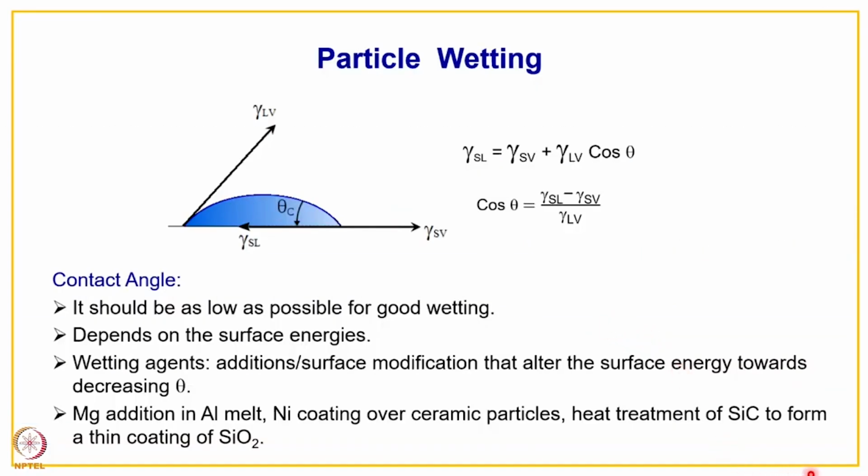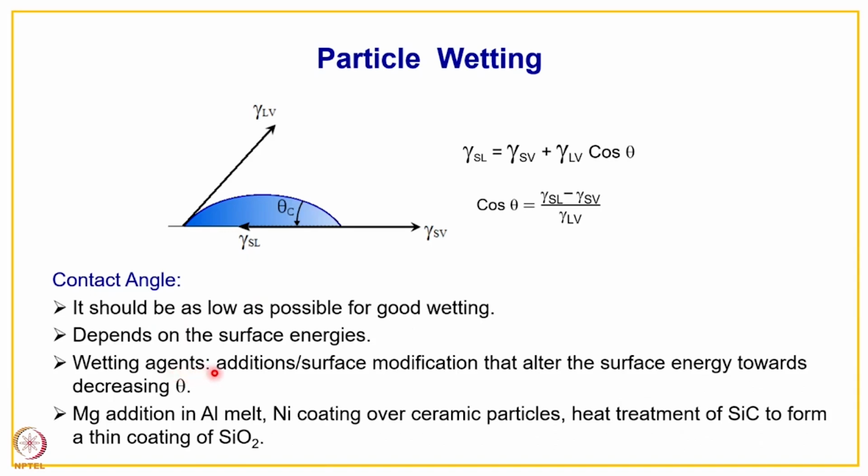This is what we just now discussed. Okay, this contact angle should be as low as possible, and as I said, it depends on the surface energies. So in order to modify the surface or the surface energies, you can add wetting agents.